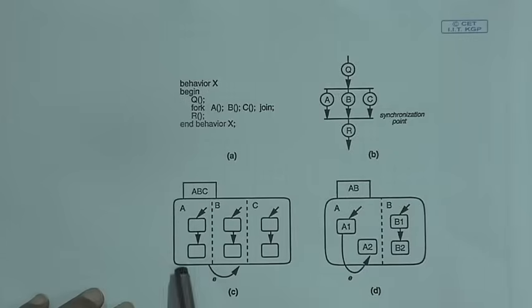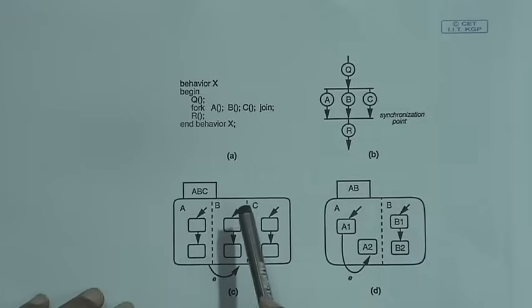This behavior A, B, C: you enter this, that means you enter A, enter B and enter C. Now, when an event E occurs, I have got no control over the relative speed of these processes, and I do not know about these events.